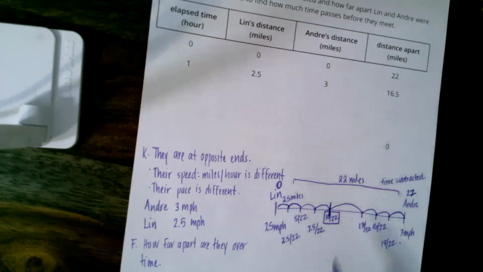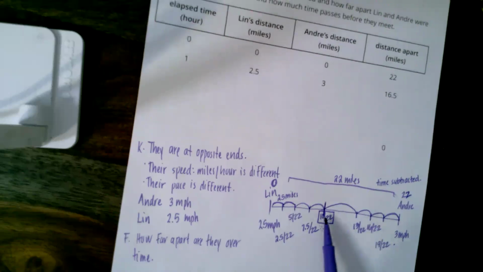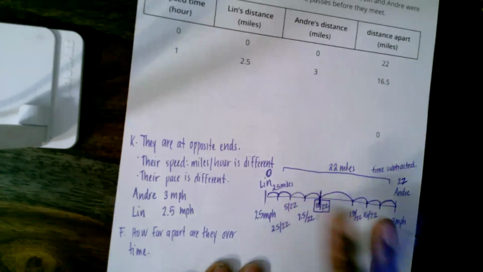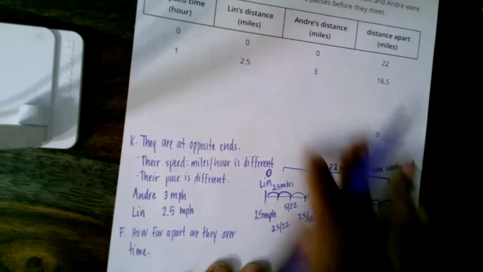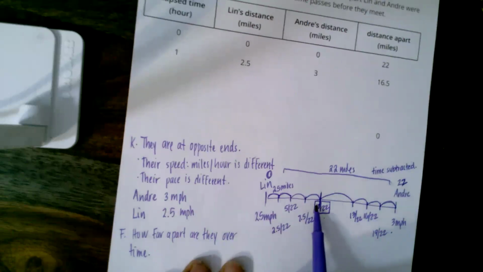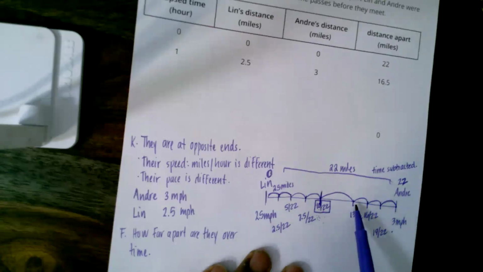So it means that they'll meet up at 10 miles out of the 22 miles. So that was a visual example of what this means. They'll meet up together at the 10-mile mark in 1, 2, 3, 4 hours.